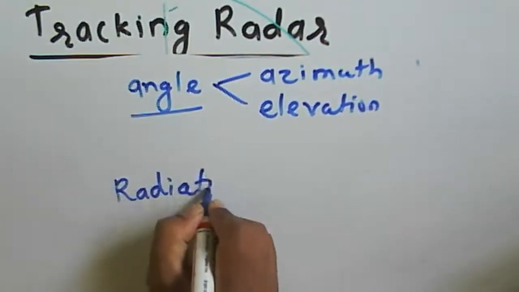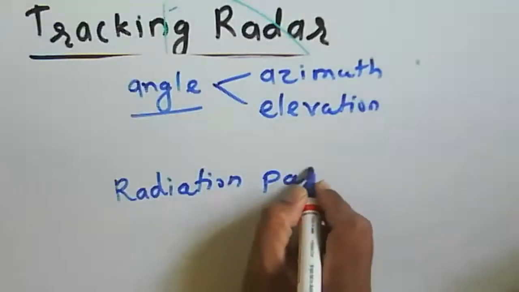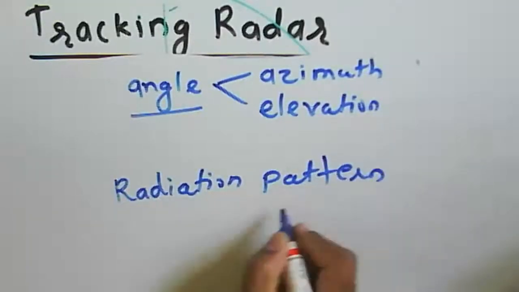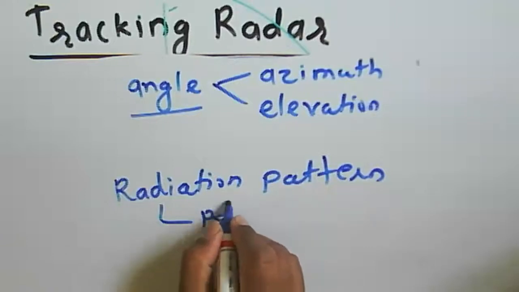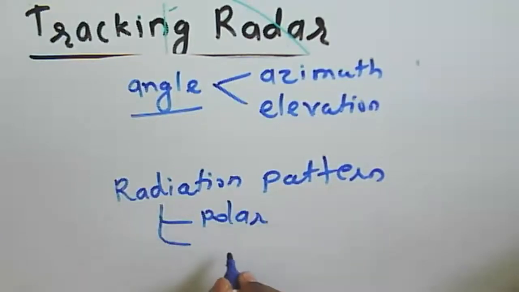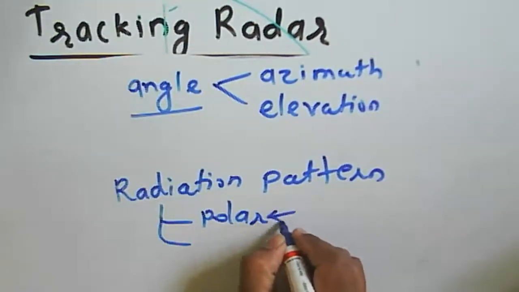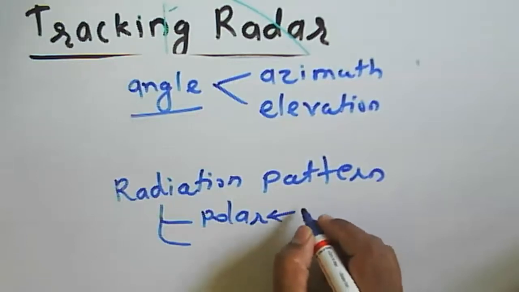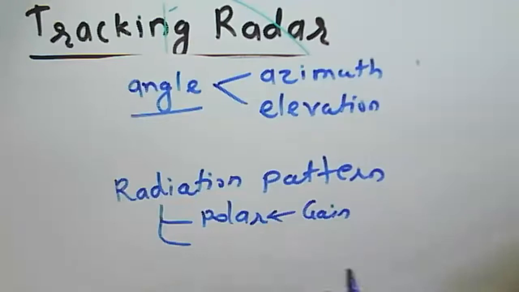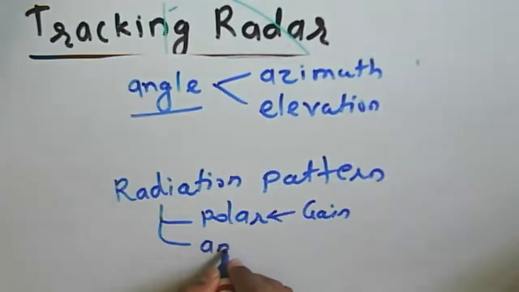A radiation pattern of an antenna can be drawn in terms of what? A polar one, or a uniform one. If it is polar, we will get it in terms of gain or in terms of output.